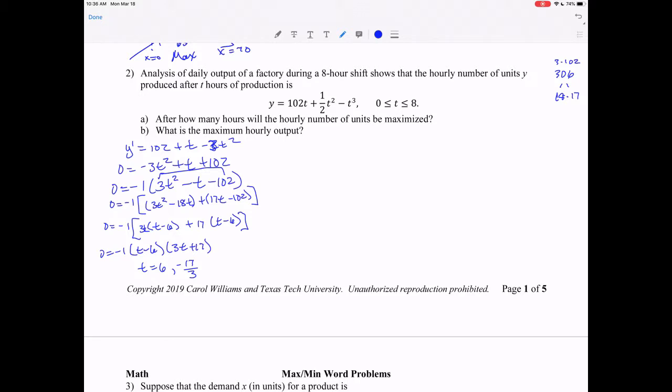Again, so no interval. Actually, this says that t is between 0 and 8, but that's because t is an 8-hour shift.